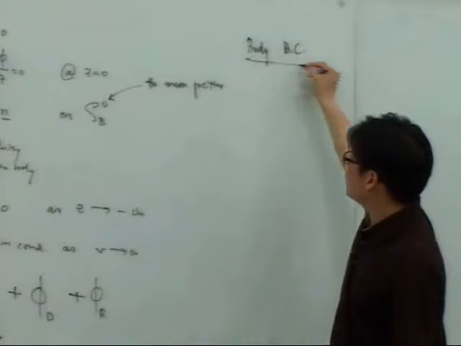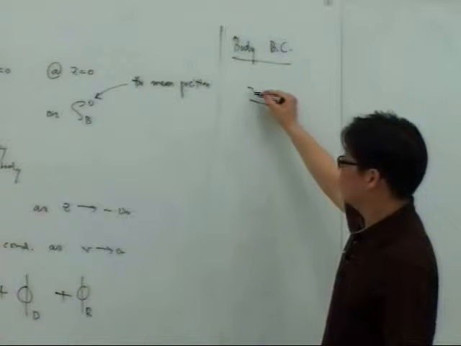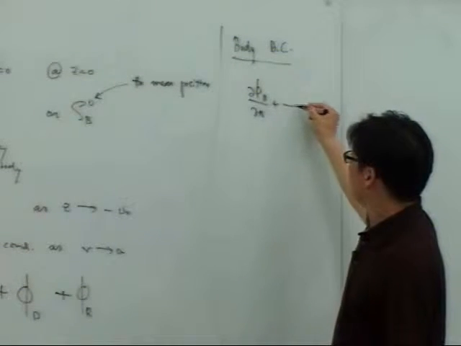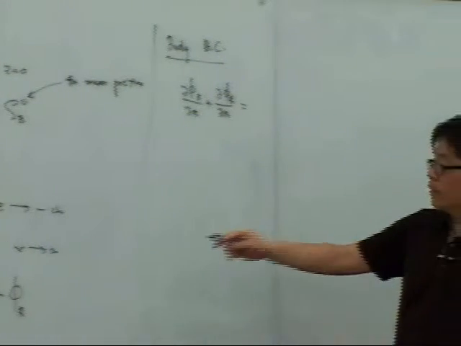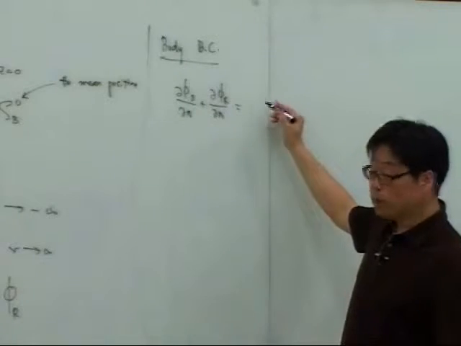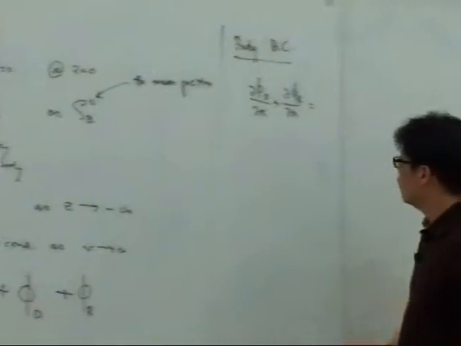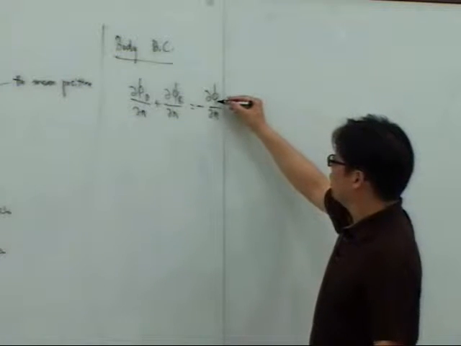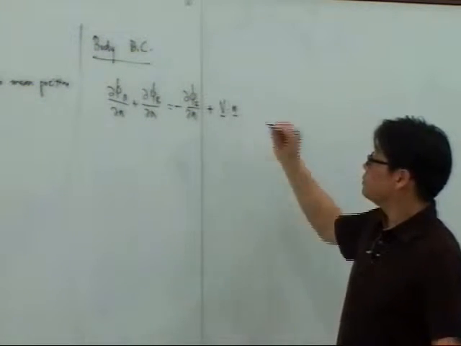So the body boundary condition with this decomposition is, right? And then I move the d phi I dn, which is known, to the right-hand side with a negative sign, plus v dot n.